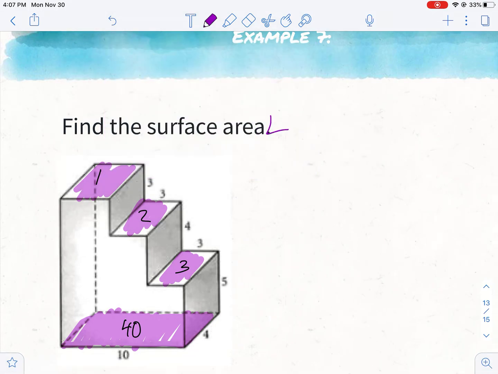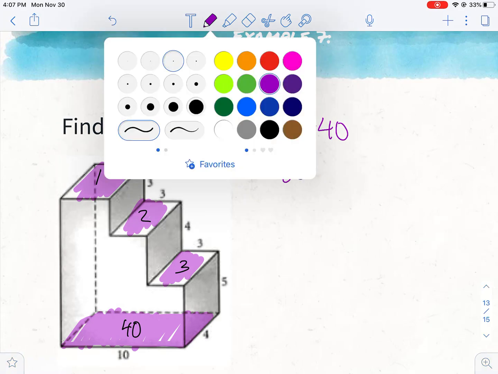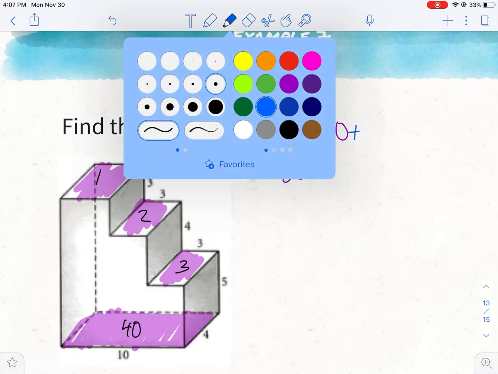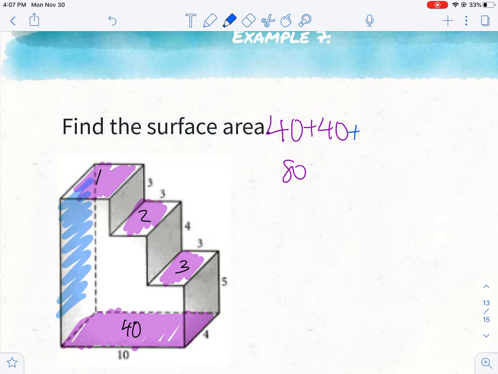So my purple sides are 40. So I've got 80 so far. This side, similarly, is going to be the same as those 3 added together.